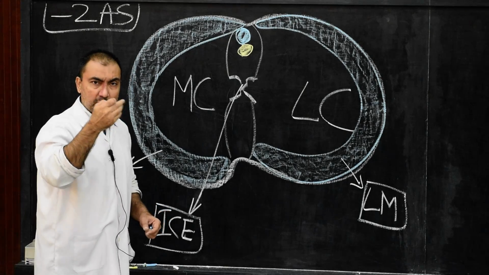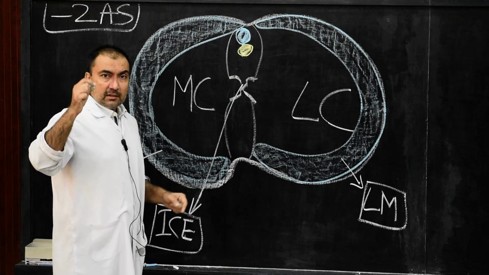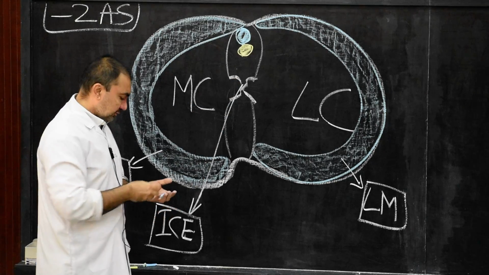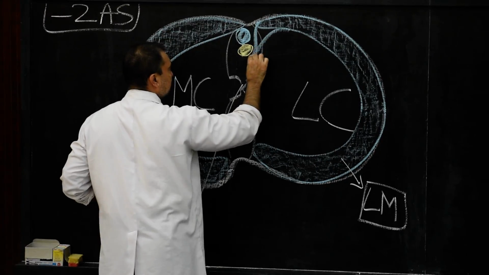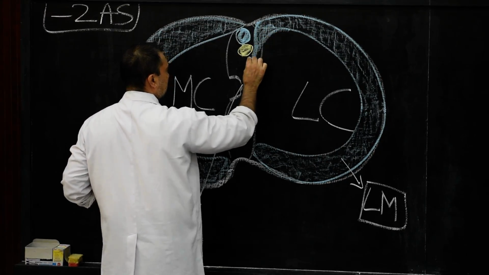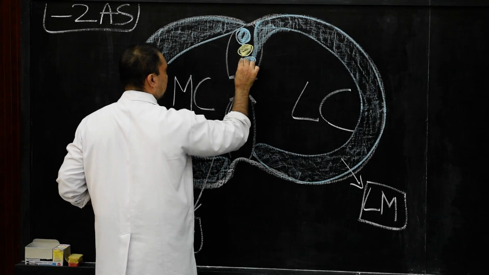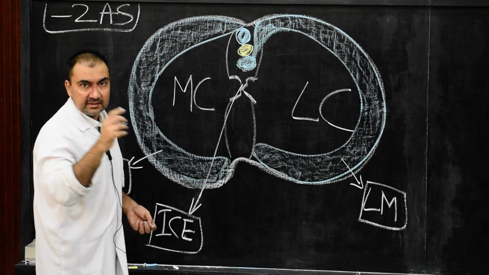And the third structure, most posteriorly in the anterior intercondylar area, will be the anterior horn of the lateral meniscus. This anterior horn, we will see that it will end in this way. So this will become the anterior horn of the lateral meniscus. In this way, these three structures are complete.